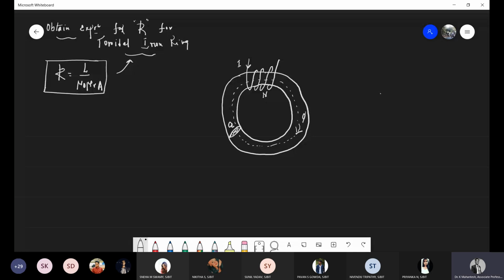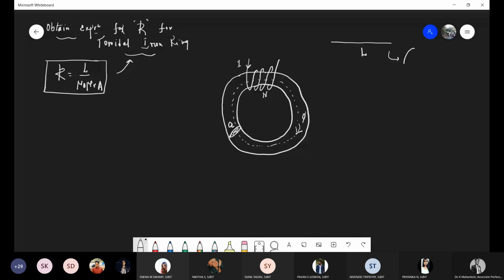So consider a toroidal iron ring having a magnetic path of length L. This entire path is just like a straight line of length L that you have bent into a circular form.